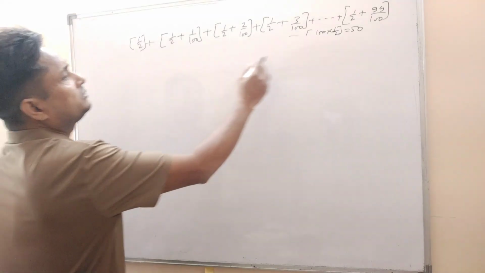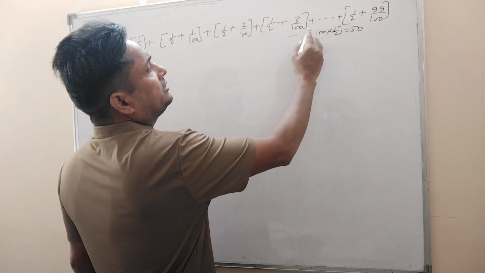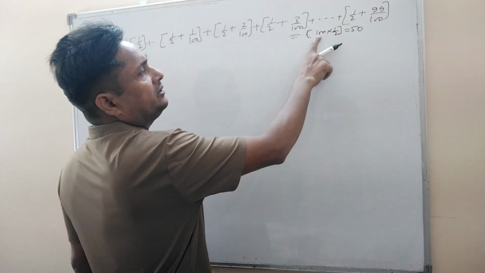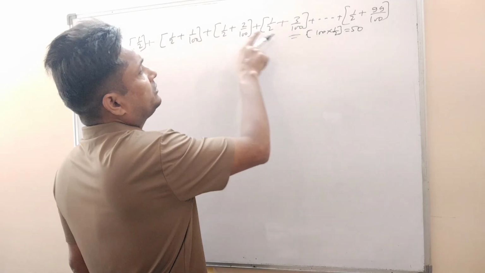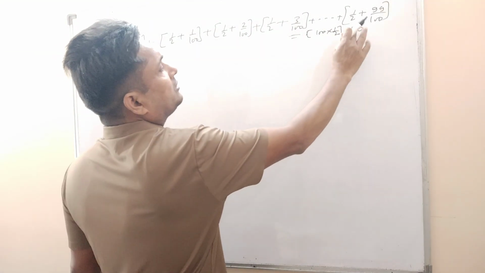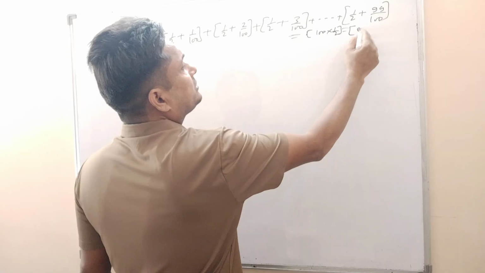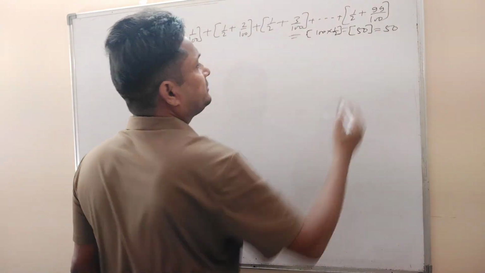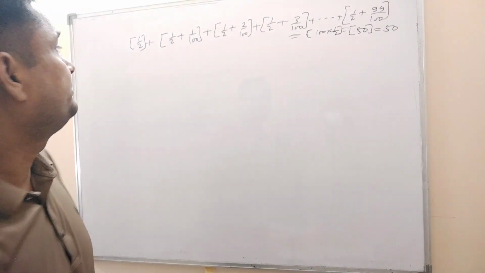And if you use the property, then it will be equal to n into x. x is 1 by 2. So it will be greatest integer of 50, and this will be 50. This is the value.